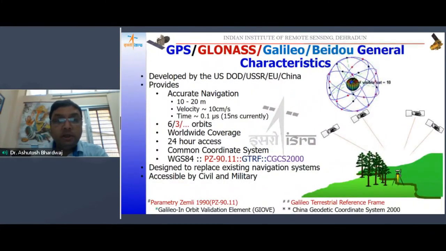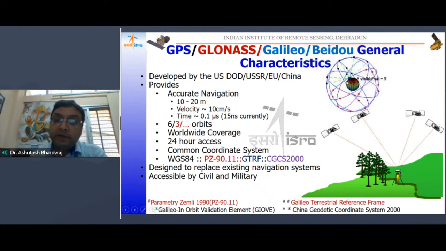Now, this slide shows the general view of GPS or any satellite-based navigation system. So here it is for the Navstar GPS because it has 6 orbits which are shown here. It can be seen that the system is totally dynamic.